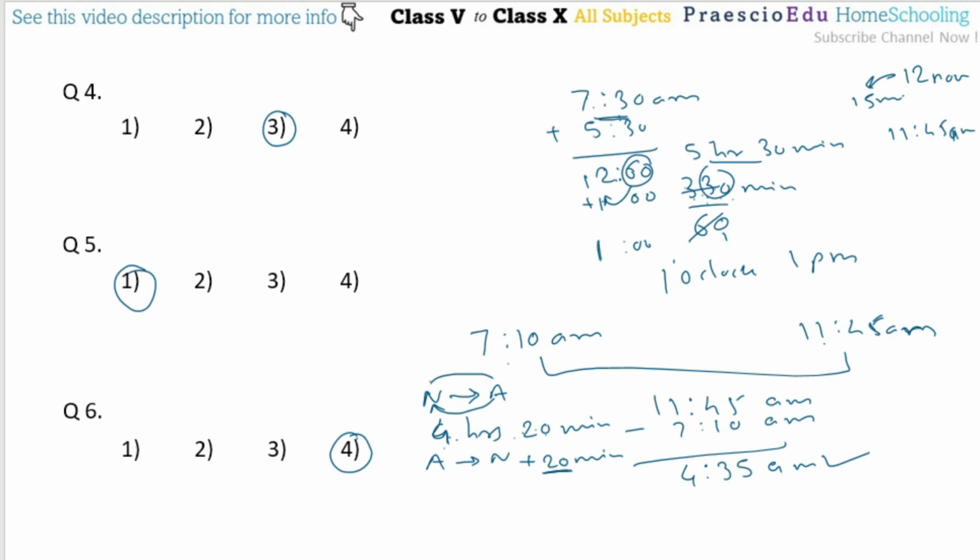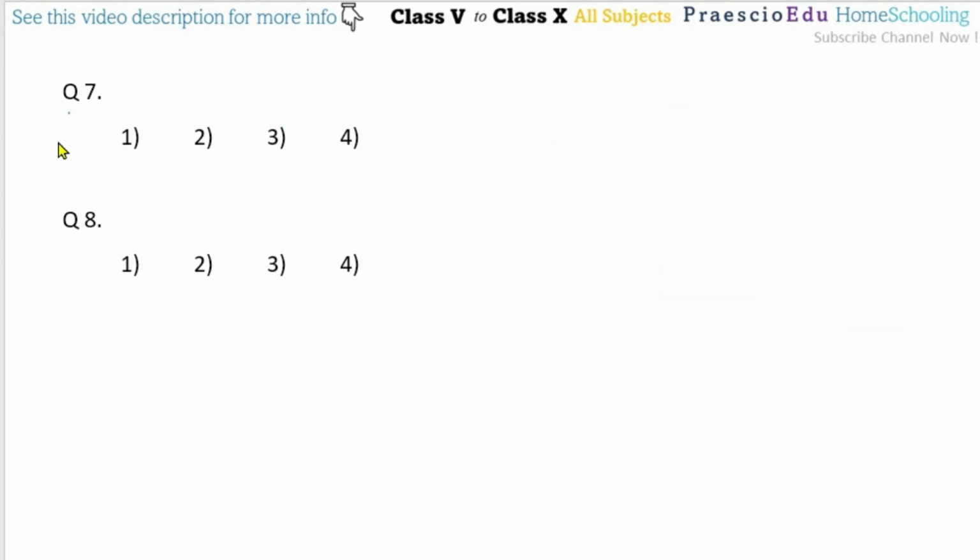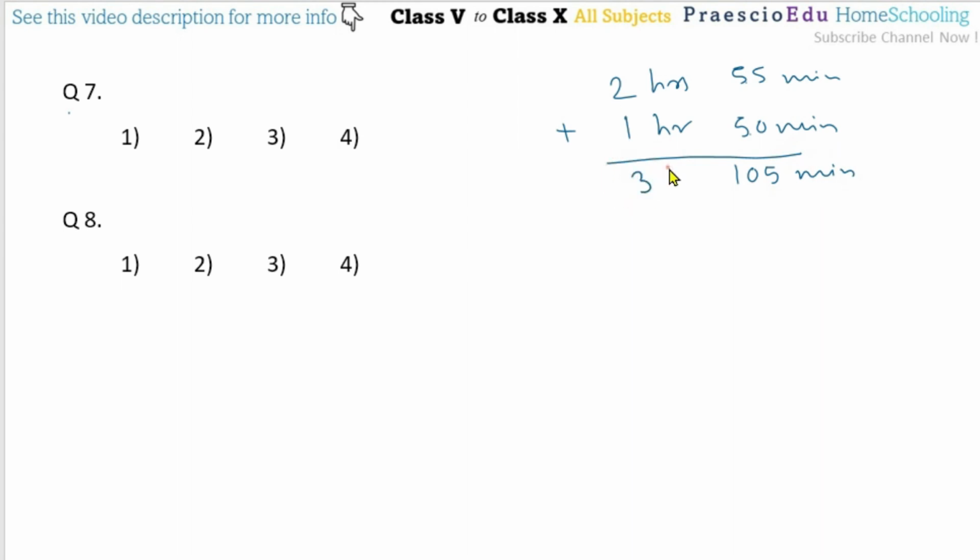Then question number 7. Yoga studied for 2 hours 55 minutes in the morning and 1 hour 50 minutes in the evening. For what time did he study in all? In all means we have to add these. So 55 plus 50 is 105 minutes, and 1 plus 2 is 3 hours.